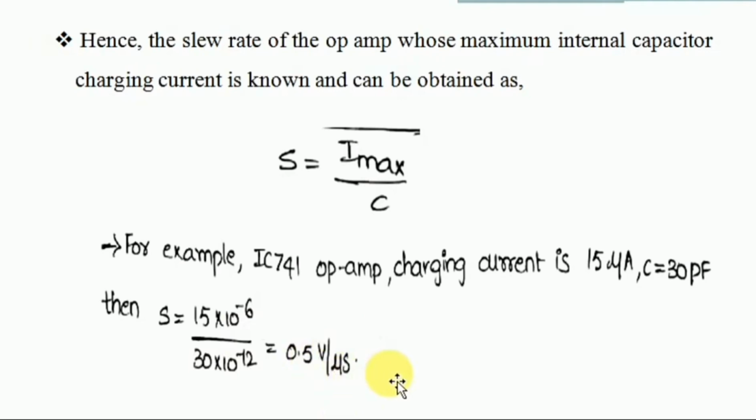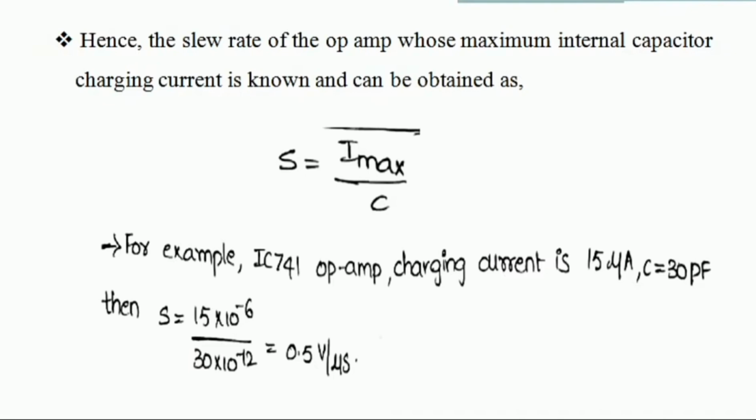So we have to choose a circuit in such a way that the slew rate should be minimum for the operational amplifier circuit, and the slew rate will be small if you consider the time in terms of microseconds. If you consider the time in terms of seconds, then the slew rate should be maximum.